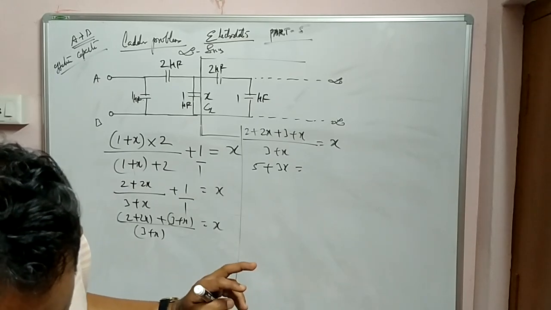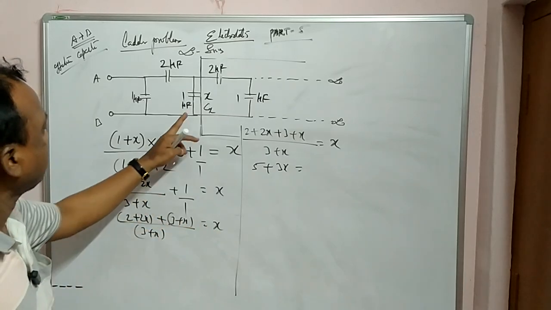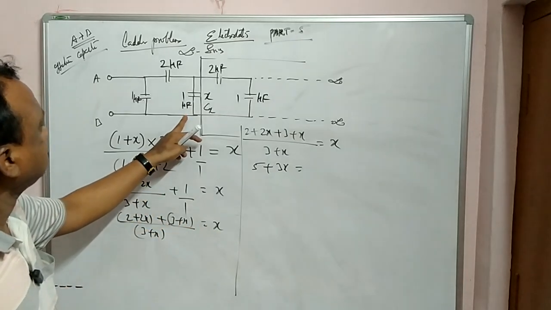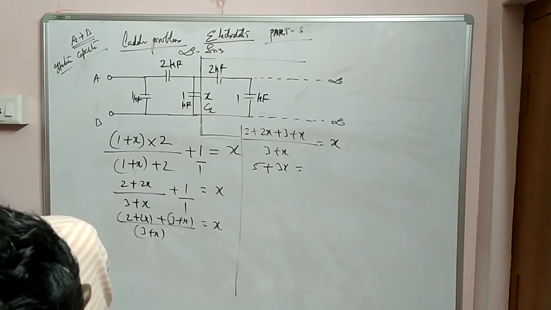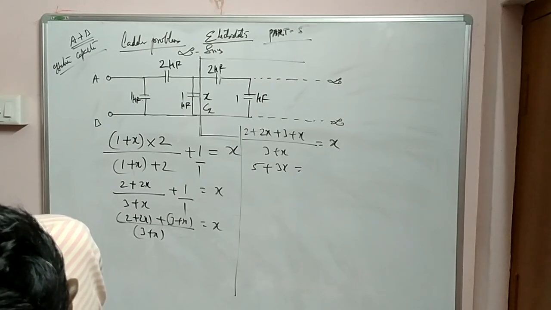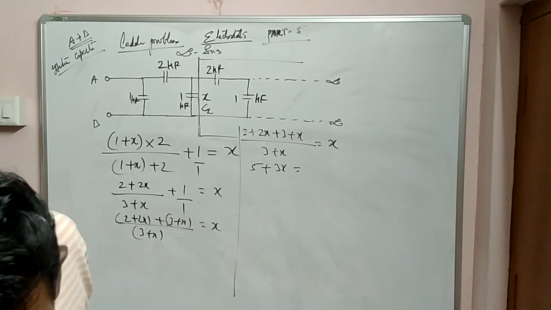Let us see once whether the values have changed. Here the values are given as 1. Okay. 2 into x by 2 plus x.